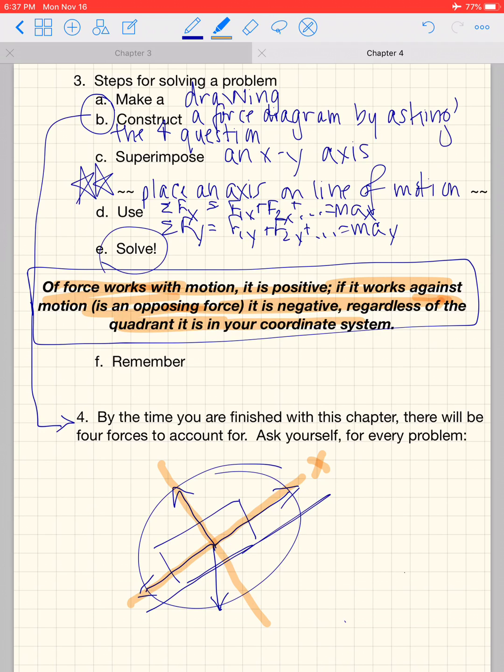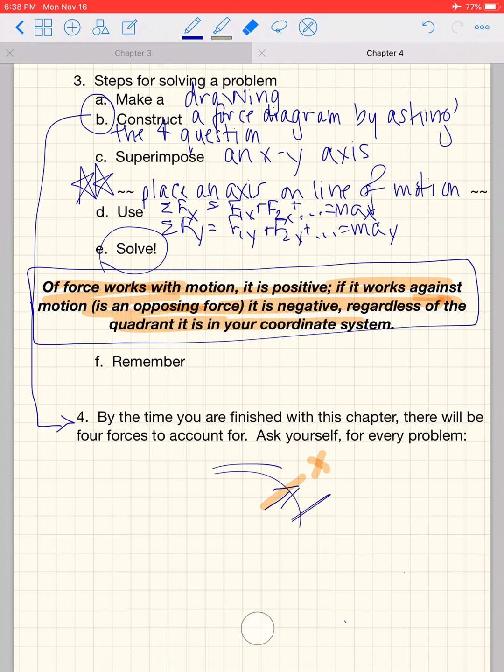Regardless of the quadrant it is in your coordinate system. It doesn't matter what quadrant it's in. It's going to be negative only if it is a hindering force. It's going to be positive if it's a helping force. All right, please keep that in mind, and we'll be practicing those quite a bit.